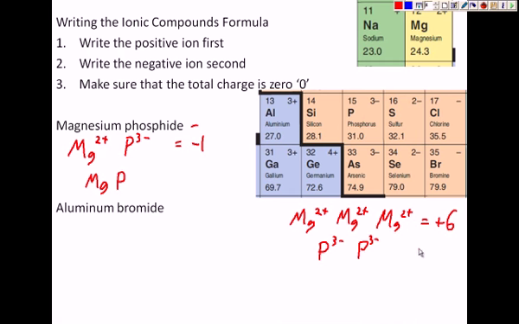So the total charge is minus 6. Once this is added up, this has a total charge of 0. There's 3 Mg's, so we can write the number 3 right here. There's 2 phosphorus, so we can write 2 right here. And that's going to be our final answer. Mg3P2.